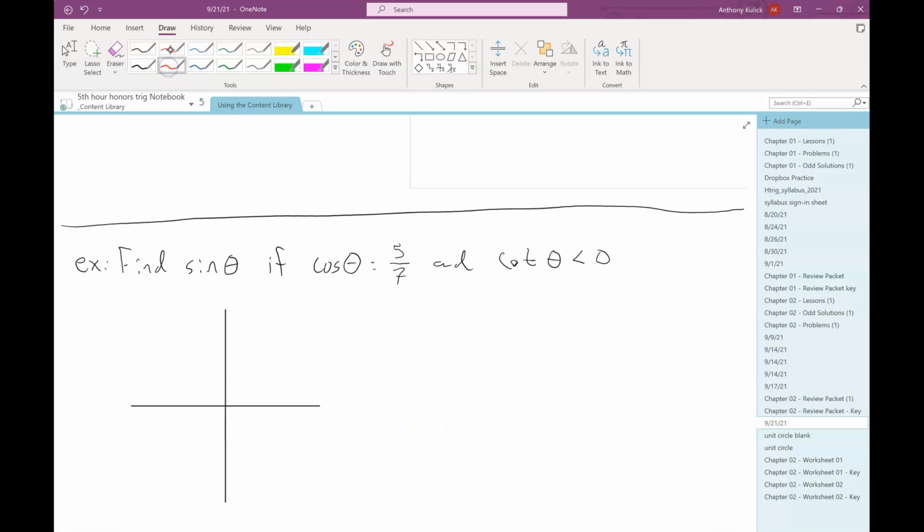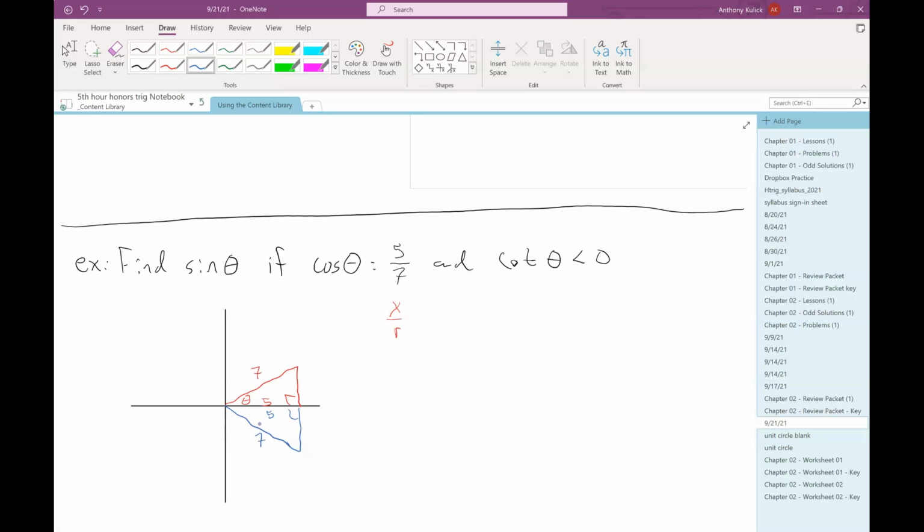So I'm going to start by drawing a picture. Remember, cosine is x over r. So that means I could have a triangle in the first quadrant where x is positive 5 and the hypotenuse is 7. Or I could have a triangle in the fourth quadrant because x is also positive there and the hypotenuse is 7.